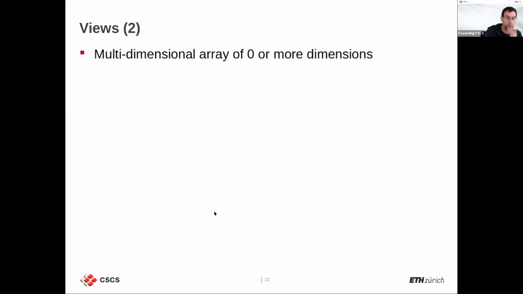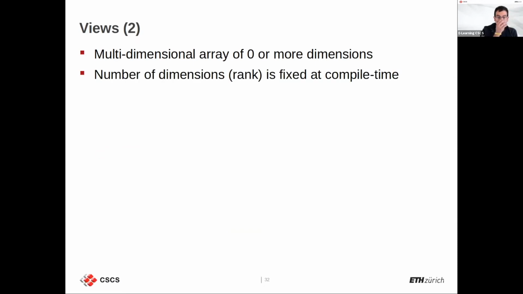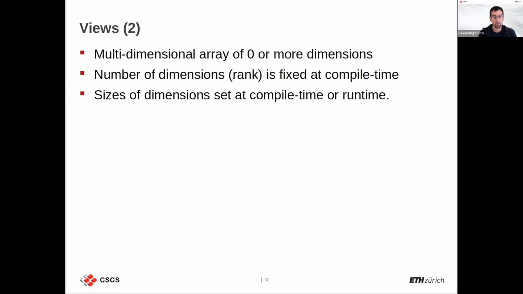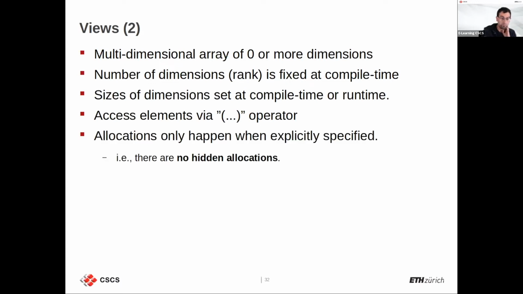A view can be a multi-dimensional array of zero or more dimensions. The number of dimensions is fixed at compile time, and there is no way to decide it at runtime, but the size of each dimension can be set at compile time or at runtime. To access elements, you can access a single element via the bracket operator.